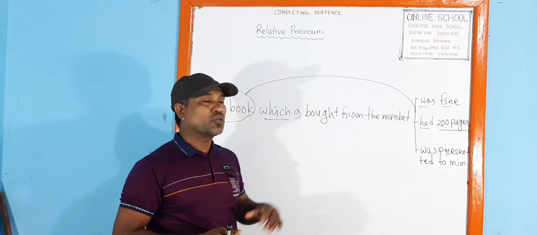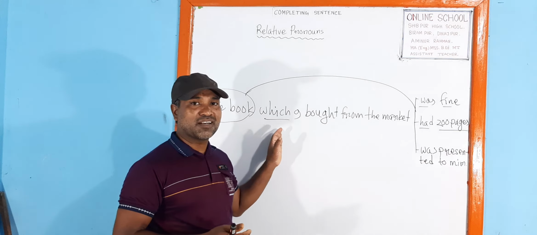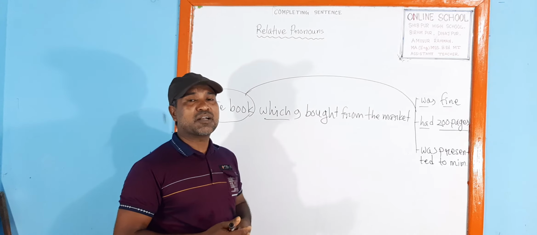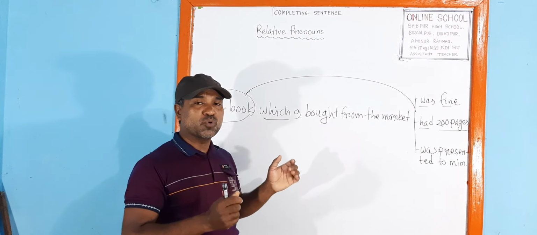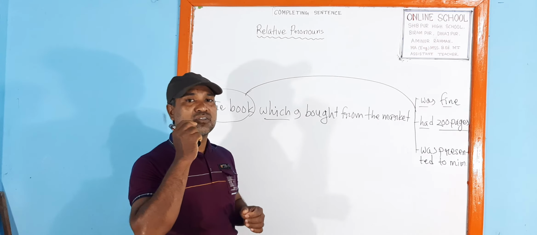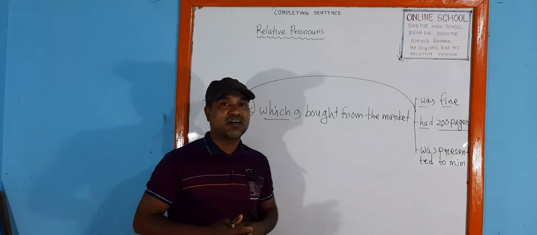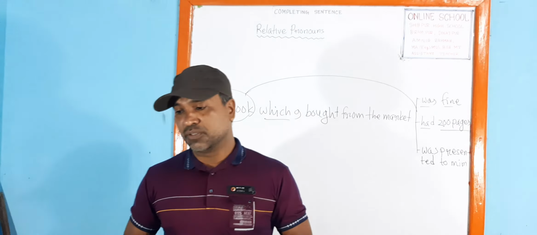And to describe a person, we can use who, whom, and sometimes that. So these are the relative pronouns that you can use in a sentence.